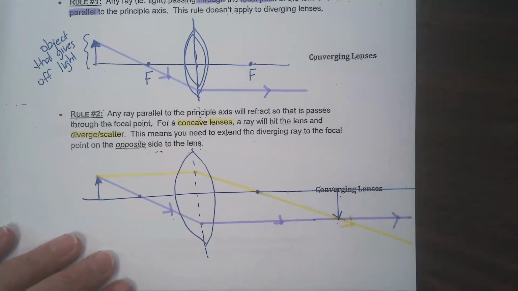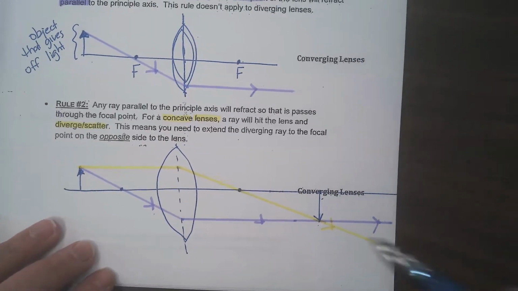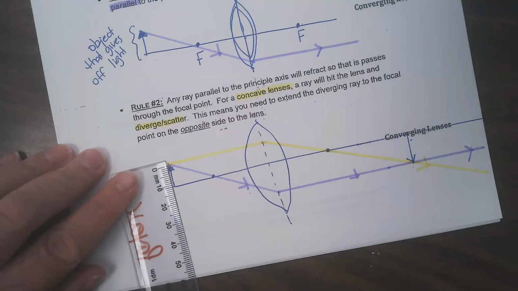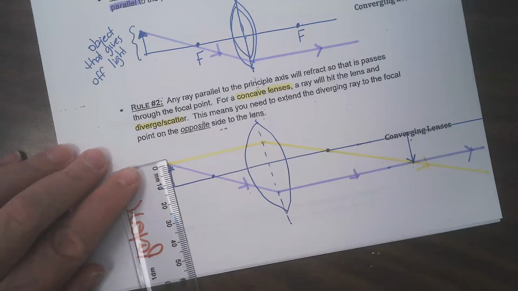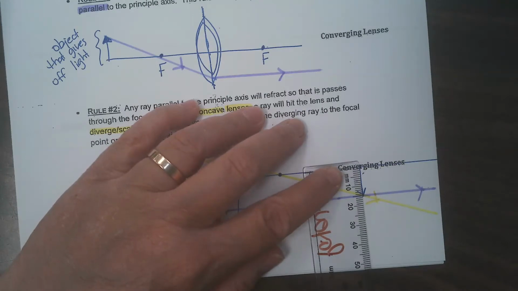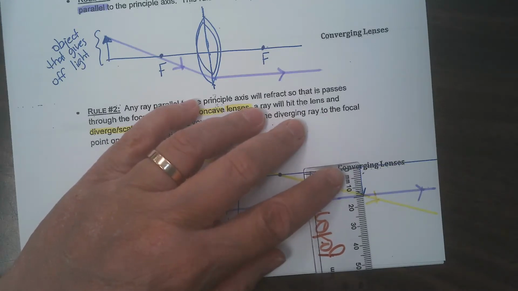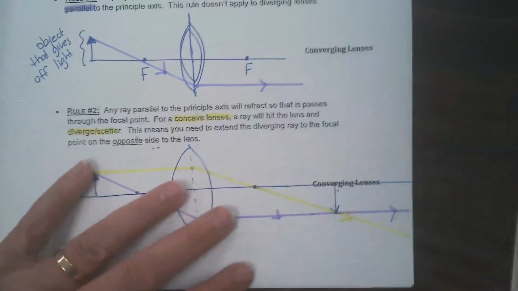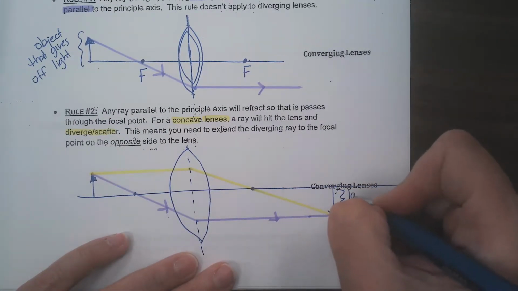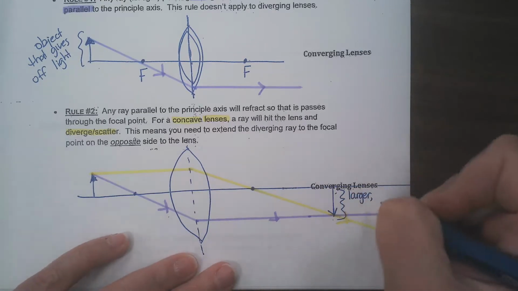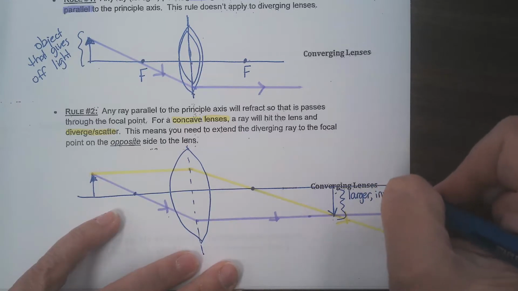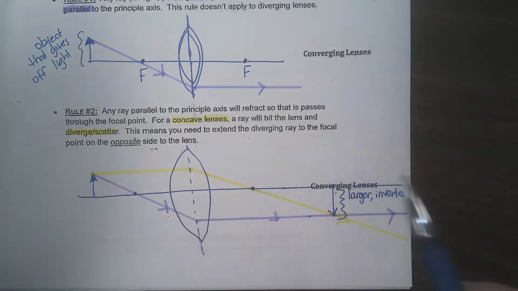Okay, what do we know about this image? Well, let's physically look at it. It is 11 millimeters, and this one is 15 millimeters-ish. So this image is larger, and it's inverted, and it's on the opposite side.